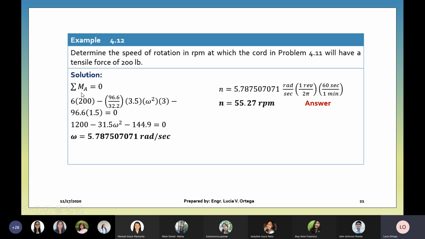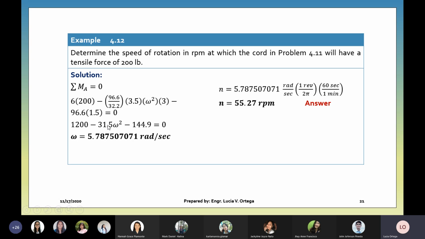We take summation of moment at A. So 6 times the tension, 200, minus the weight, the W over G, this is the inertia force. But this time, omega is unknown. Previously, it's 4. Minus the weight, 96.6 times 1.5 equals to 0.